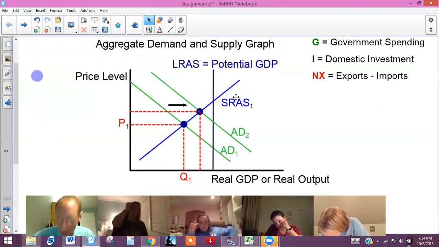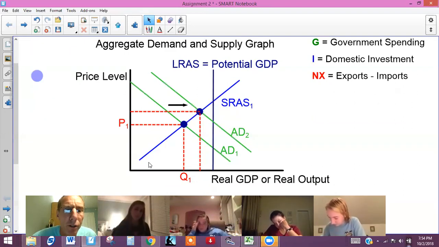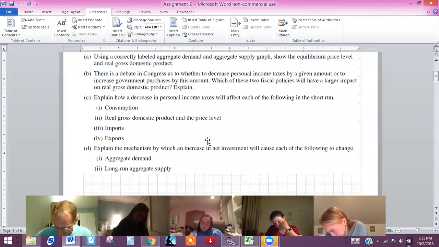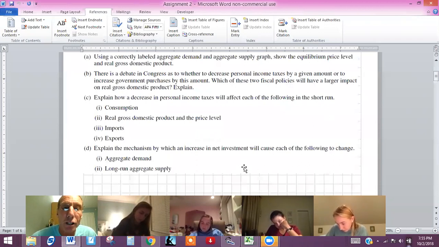Okay. Now, it's also asking you one more thing. I think it's asking you what effect it will have on long run aggregate supply? Well, you can show that that's going to shift to the right, because when investment goes up, that's going to mean that your capital stock and your actual productive capacity is going to increase, which means that actually changes your potential GDP.